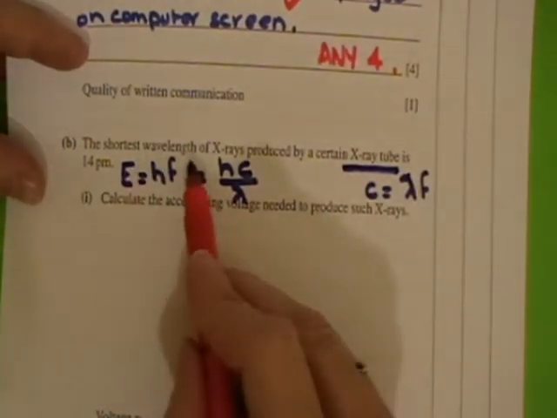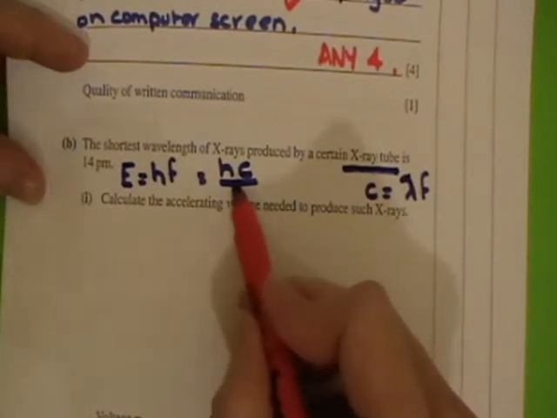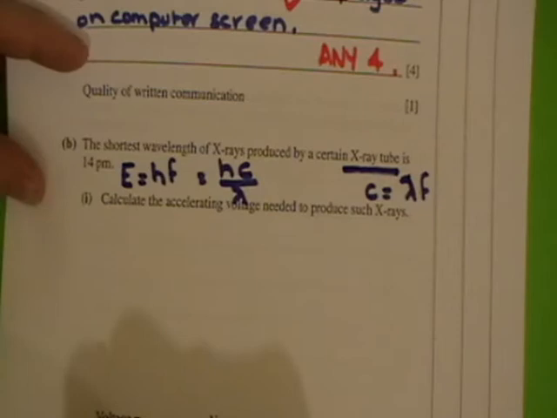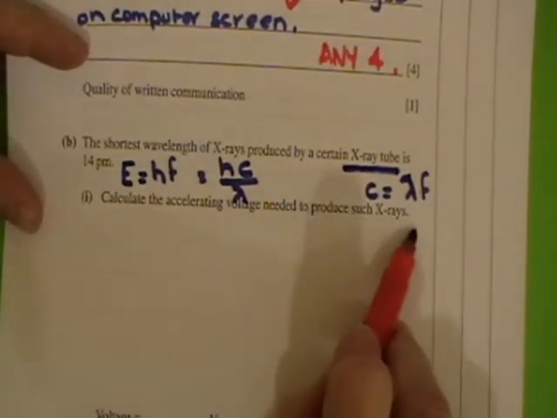So if you're getting a shortest wavelength, you're getting a minimum wavelength, and if you're dividing by the smallest number possible, you're getting a maximum energy out. It says calculate the accelerating voltage needed to produce such X-rays.